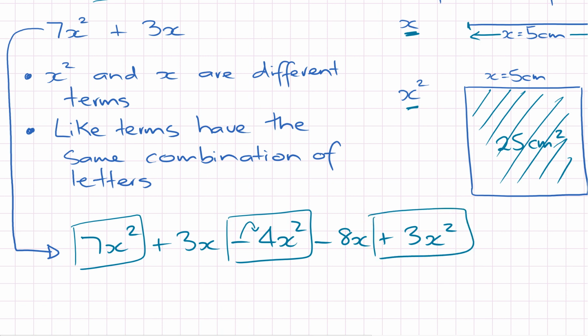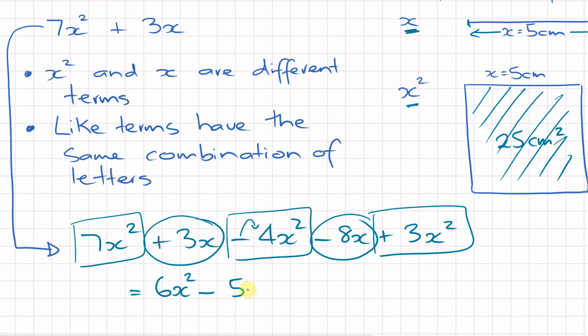So if I combine those three terms, I get 7 minus 4, which is 3, plus 3, which is 6x squared. So I end up with 6x squared, and then I've got plus 3x minus 8x will give me minus 5x. So that's simplifying.